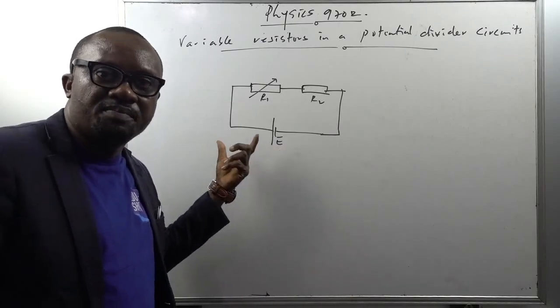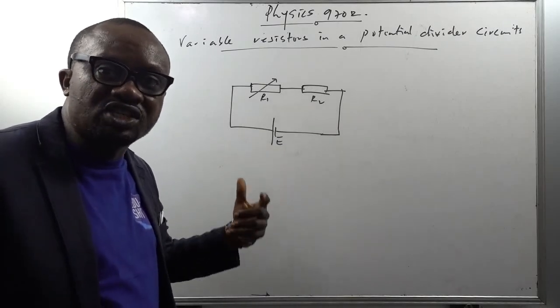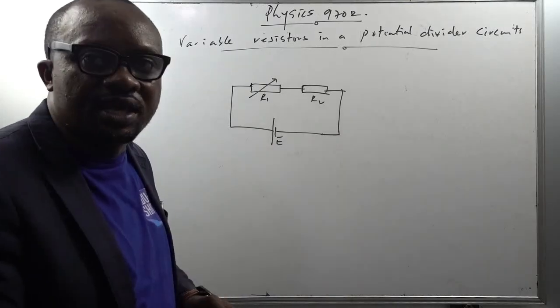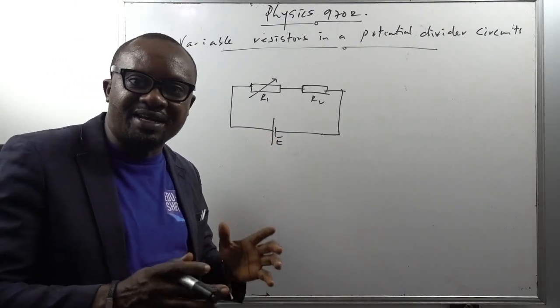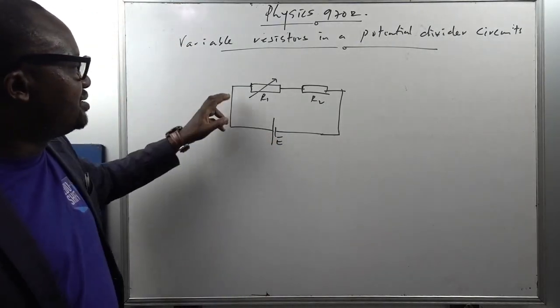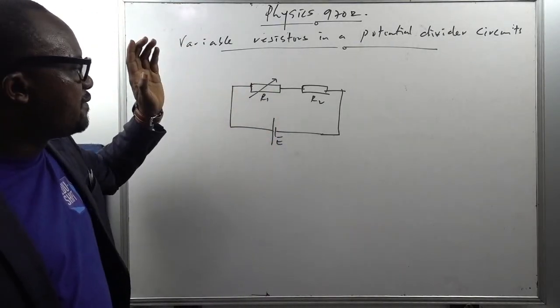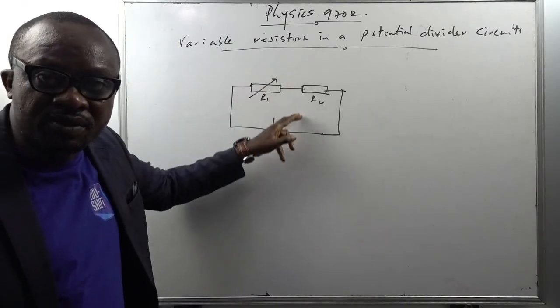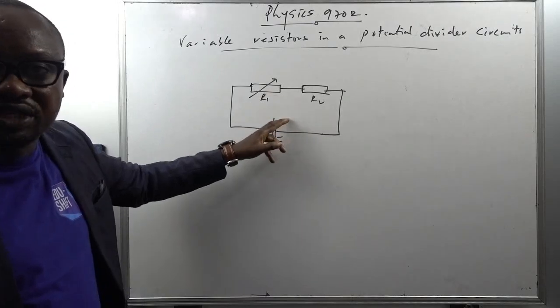Is that okay now? Because the EMF of the battery is what? Is constant. So if a variable resistor is in a potential divider circuit, as the resistance of the variable resistor changes, the PD across the variable resistor will be what? Will be changing.